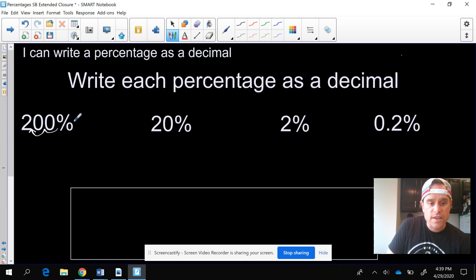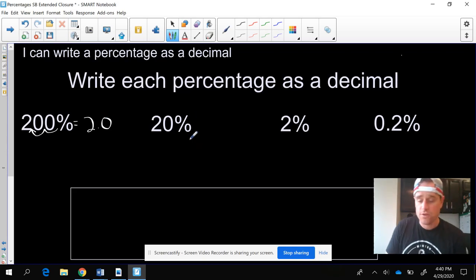So 200% is equal to 2.0 or just 2. 200% of something is 2. If I say write 100% as a decimal, a lot of people want to say 10. A lot of people say 100, but really it's just 1.